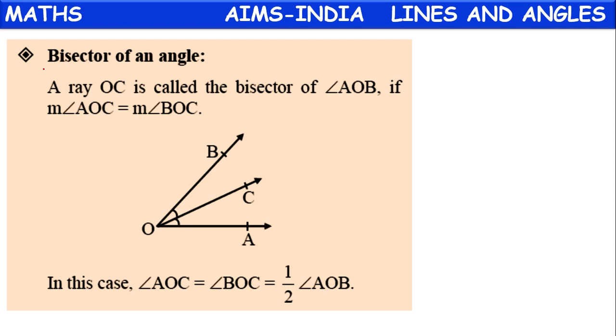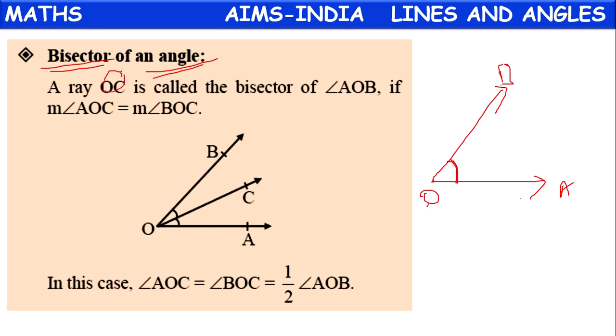Next, for any angle, we can draw a bisector. Suppose this is ray OA, ray OB, common endpoint O, and this is angle AOB. A ray OC is called the bisector of angle AOB if it divides it into two equal parts.